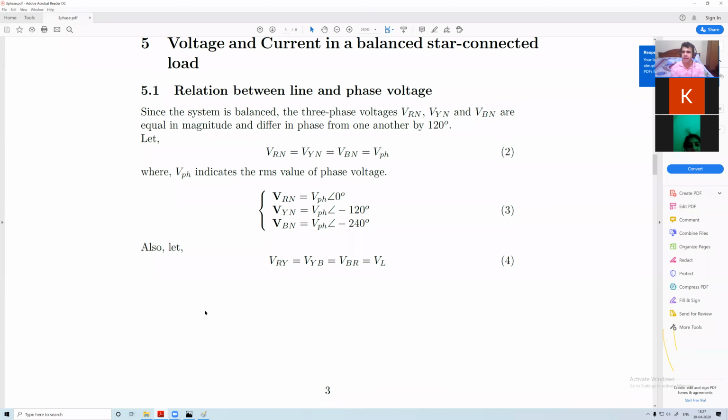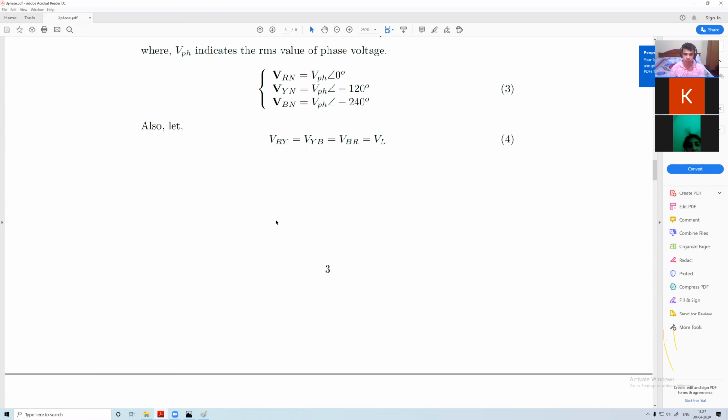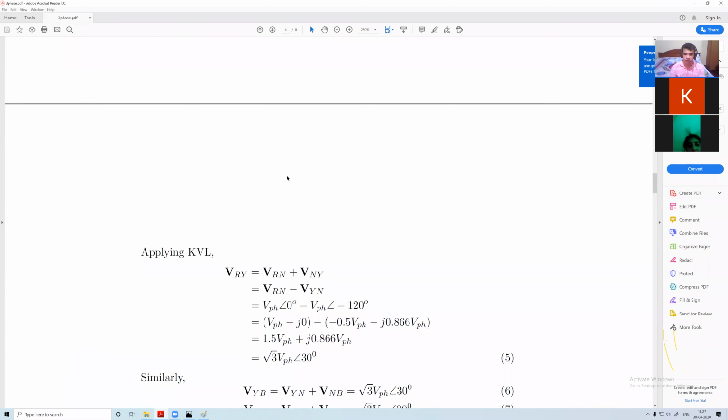It doesn't really matter privately or publicly, because whatever you are typing, it is shown in the screen. All okay, good. So VRY by simple vector addition, that is equal to VRN plus VNY. Is this step fine?